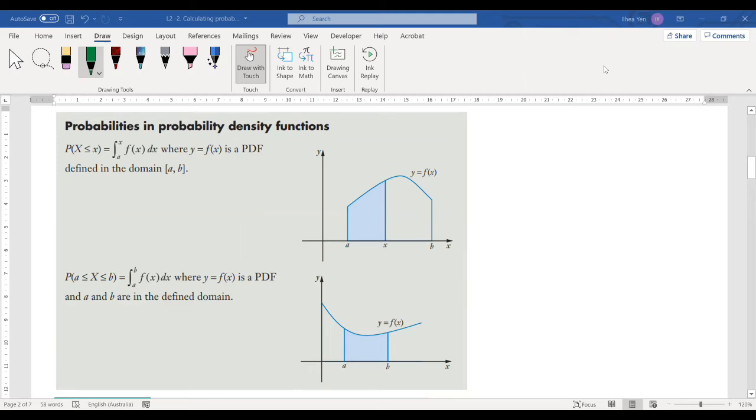Okay, guys, probabilities in probability density functions, PDF. Here it says the probability that capital X is less than or equal to little x. What does that really mean? When you look at these two diagrams or graphs, the first one is the probability that capital X is less than little x.